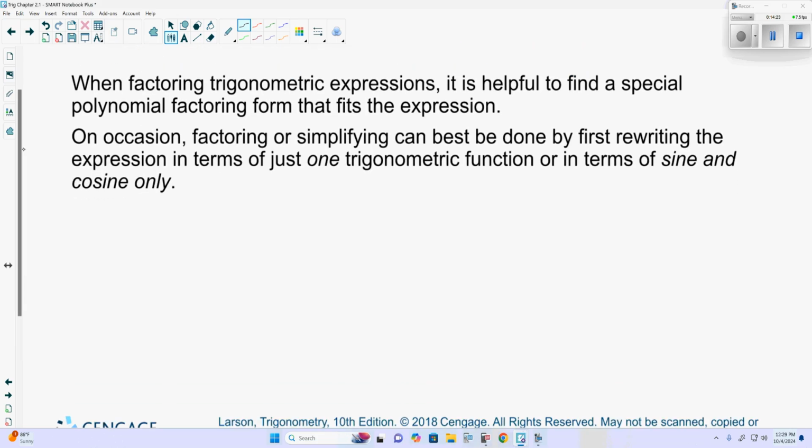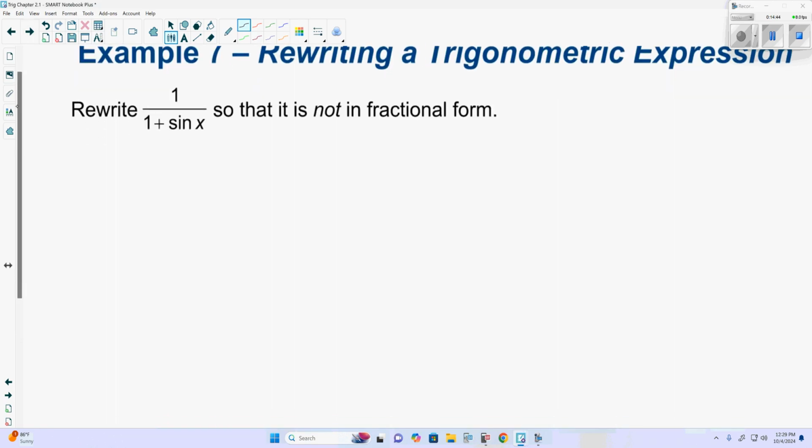When factoring a trigonometric expression, it is helpful to find a special polynomial factor form that fits the expression. That's what we've been doing. On occasion, factoring or simplifying can be best done by first rewriting the expression in terms of just one trig function or in terms of only sine and cosine. That way we get some similarities across it.